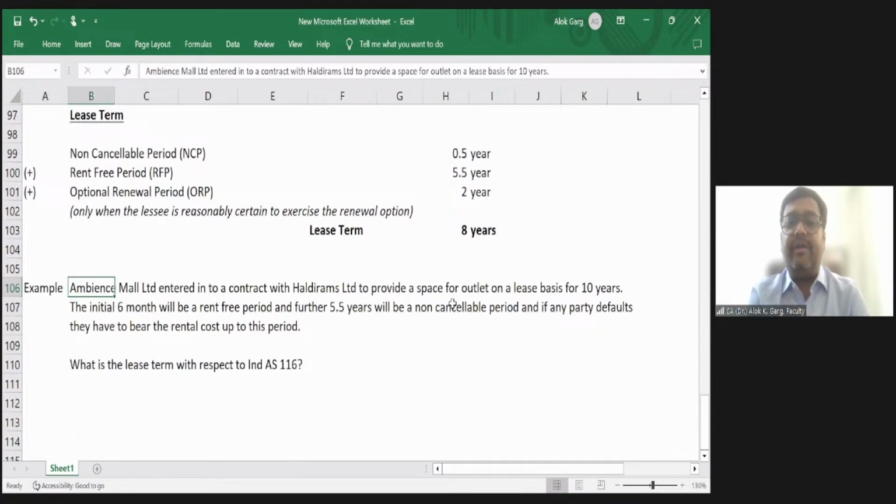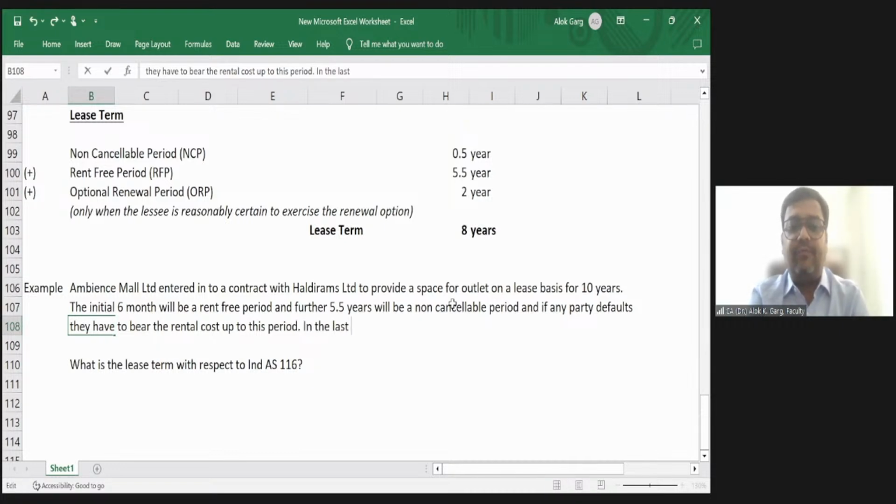Ambience Mall Limited entered into a contract with Haldirams to provide a space for outlet on a lease basis for 10 years. Initial 6 months will be a rent-free period. Further, 5.5 year will be a non-cancelable period. And if any party defaults, they have to bear the rental cost up to this period. Right?